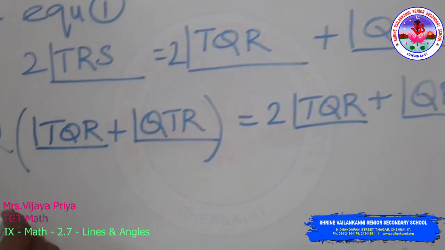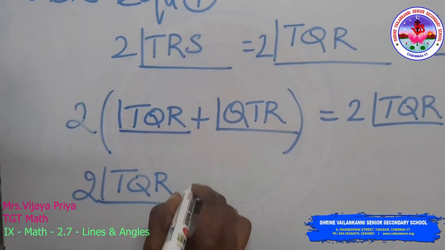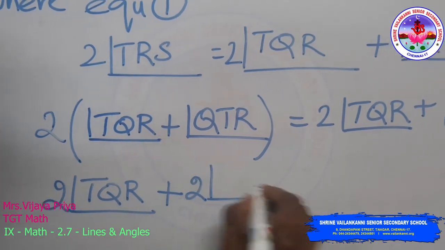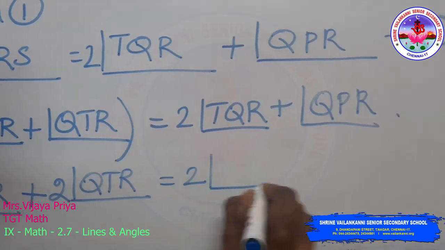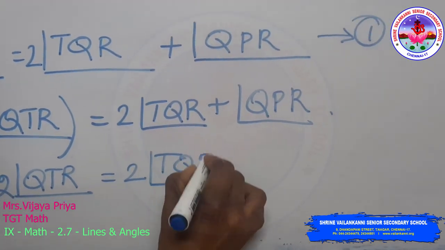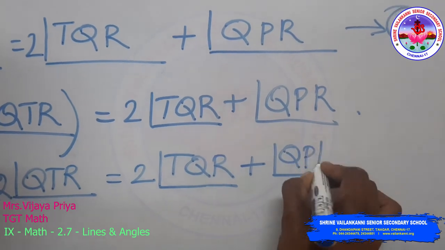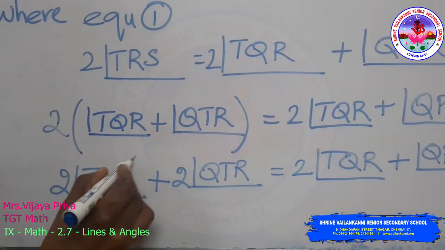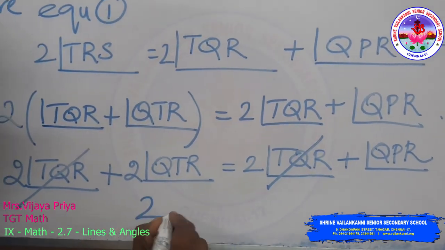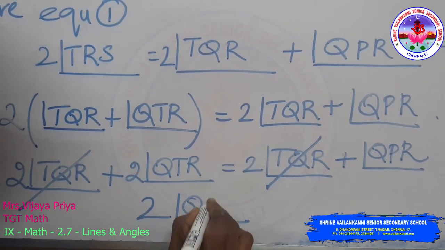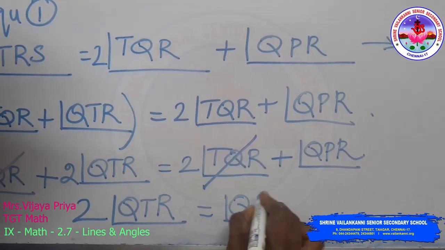So I am multiplying this inside. I will get 2 times of TQR plus 2 times of QTR, which is equal to 2 times of TQR plus angle QPR. Where 2 times of TQR and 2 times of TQR get cancelled, you will have the remaining 2 times of QTR is equal to angle QPR.